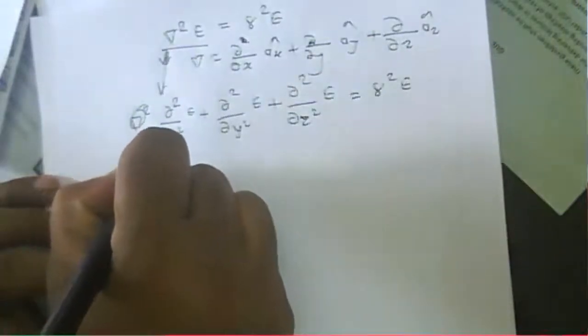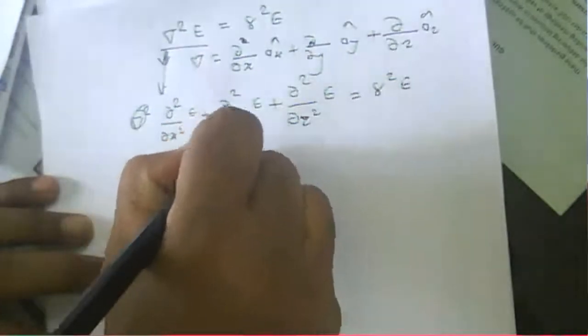Now suppose E has components along x, y and z.